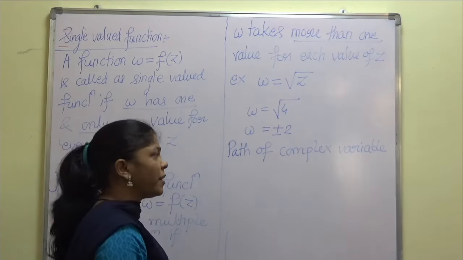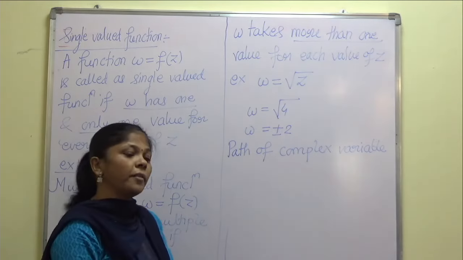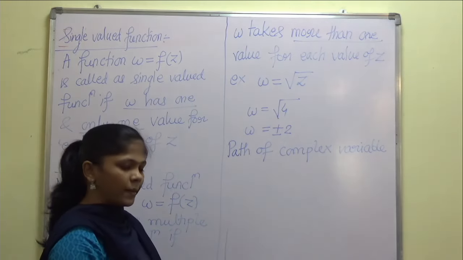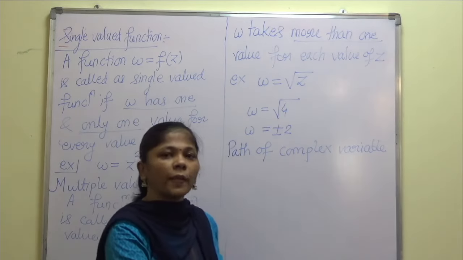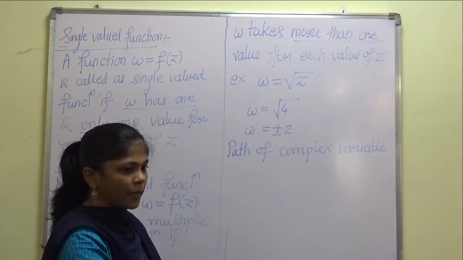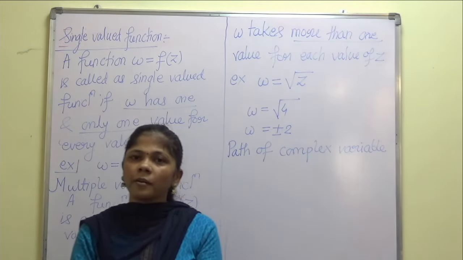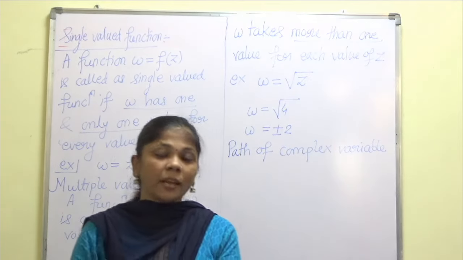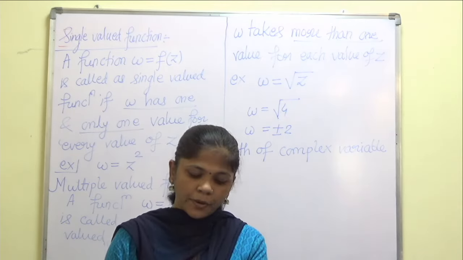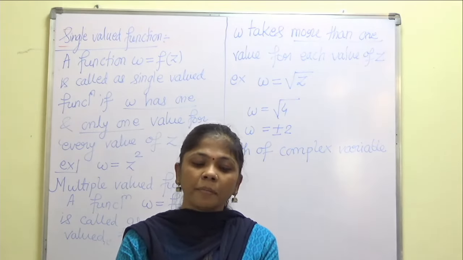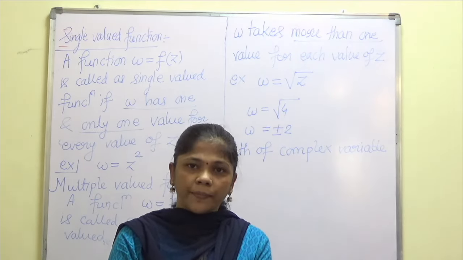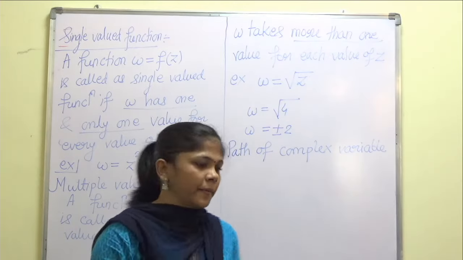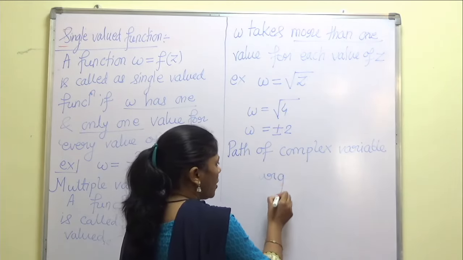As we know, in a real variable, the independent variable takes values corresponding to the points on the x-axis. But in case of function of complex variable, the variable z may take values in the plane, called the z plane or Argand plane.